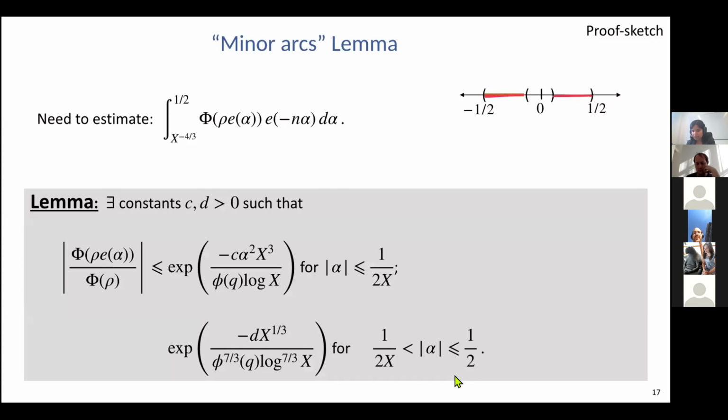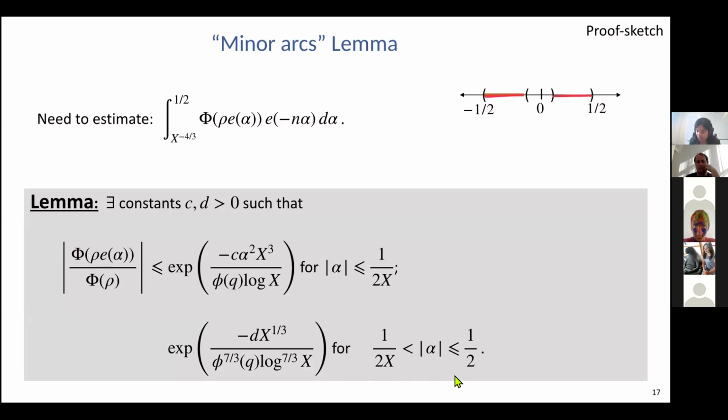It doesn't matter whether you're on the left of the origin or to the right of the origin, you will end up getting the same estimates. So recall that our phi was the generating function for the partitions. We find upper bounds for this function depending on this range of alpha. So we know that alpha is in this subinterval.